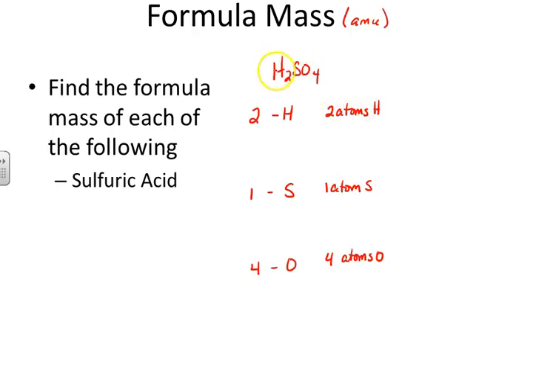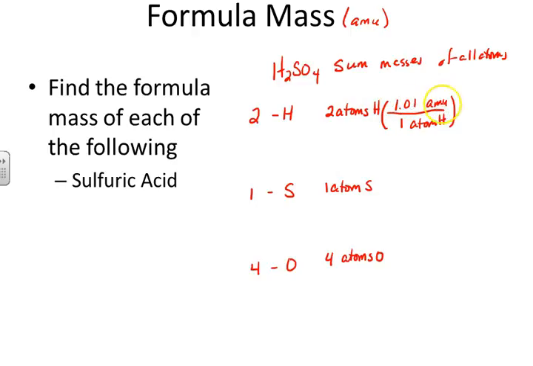In order to get the mass of the entire compound, we have to sum the masses of all atoms. So for hydrogen for instance, we would find the total mass in AMUs of 2 atoms of hydrogen. Every 1 atom of hydrogen has a mass of approximately 1.01 AMUs.